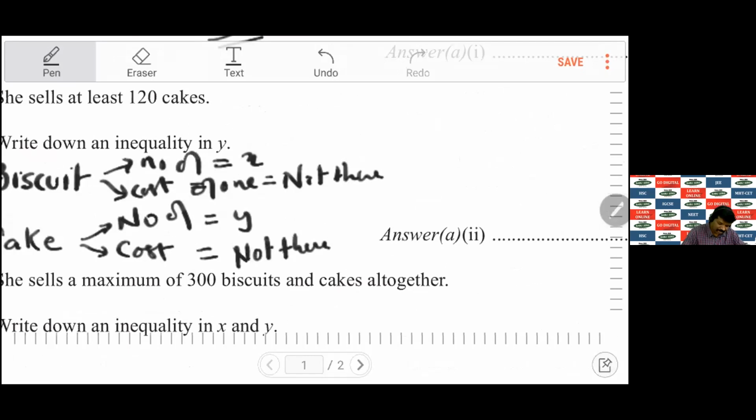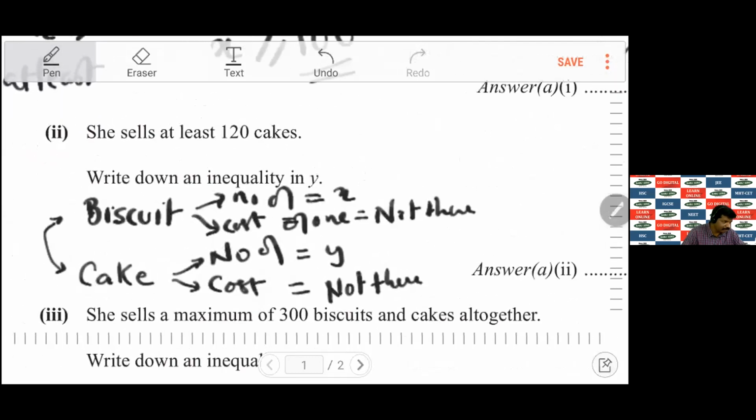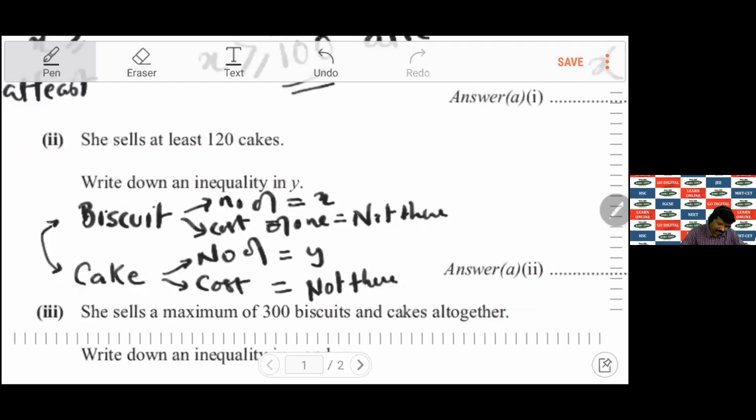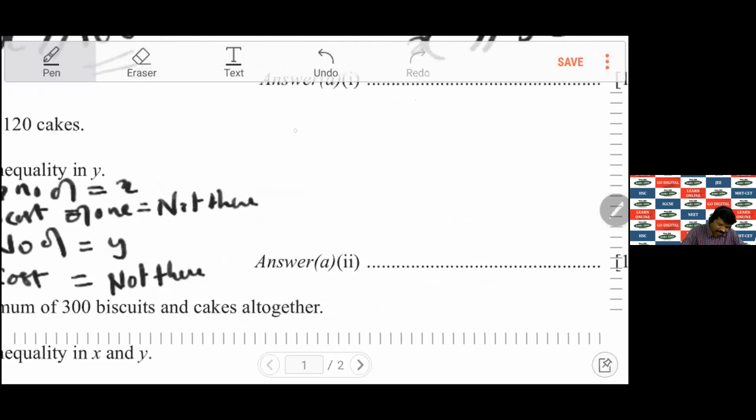Now you tell me what is given in the sum. She sells at least 120 cakes. What is the meaning of at least? It means she sells 120 cakes or more. Like you have to get at least 35 marks to pass, so you have to sell at least 120 cakes, so 120 or more.